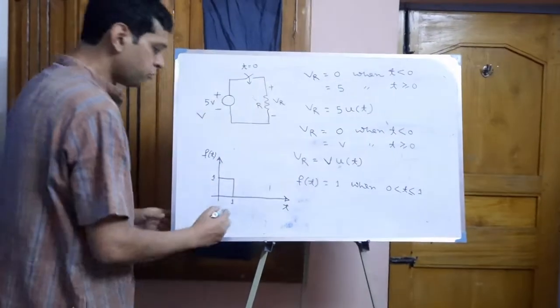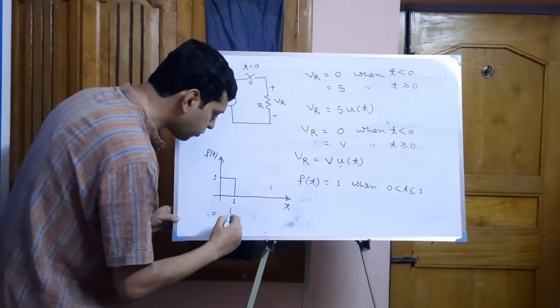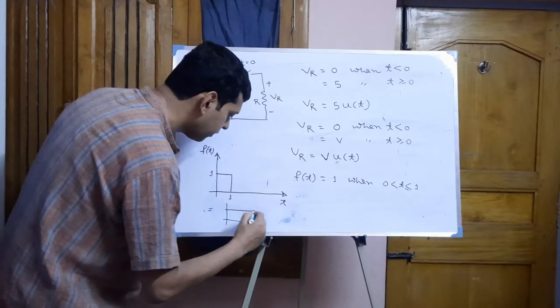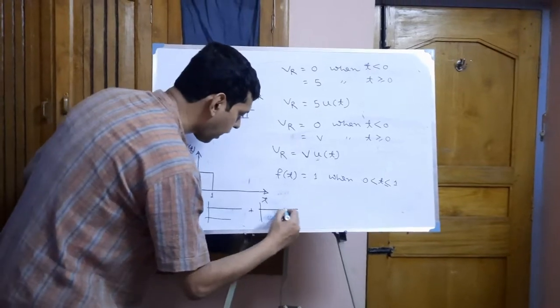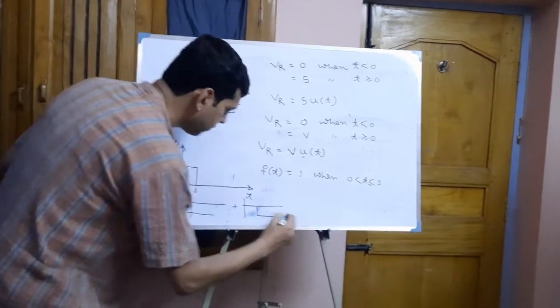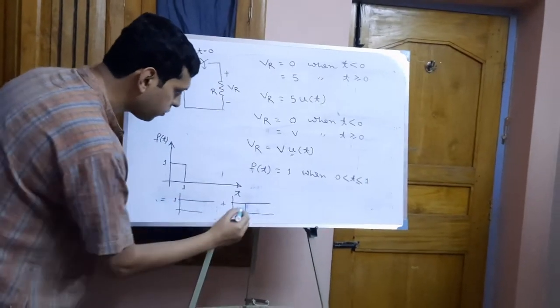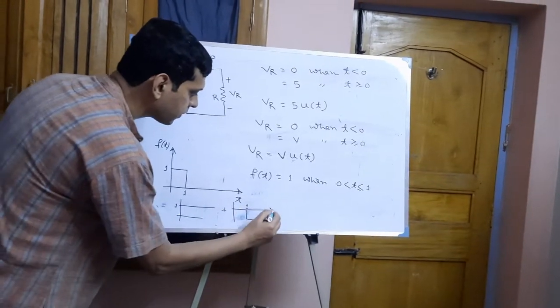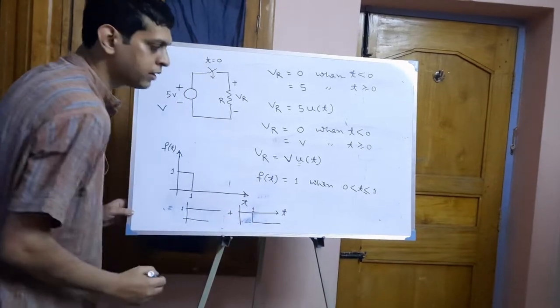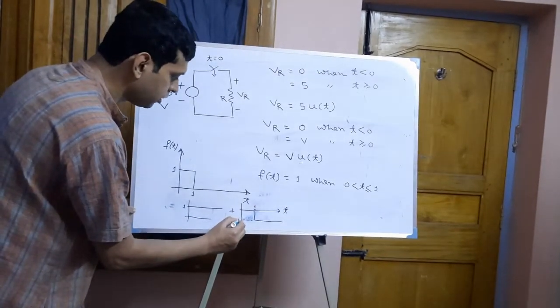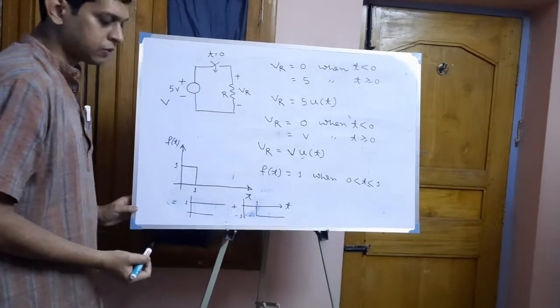So we can write this as this one plus this one. Okay, now this is another function which starts from t equal to 1. So this value is minus 1, this value is plus 1.